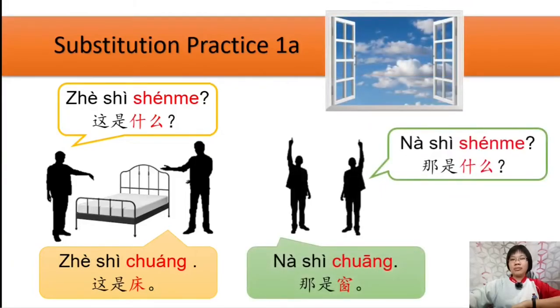Next, in order to point out something a little bit far away, we can use the word 那是. 那是 that is. 那是什么？What is that? 那是窗。Which tone is the word 窗？Yes, that's the first tone. Flat and high. 那是窗, that is a window.